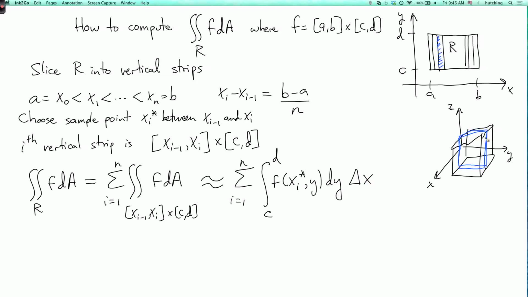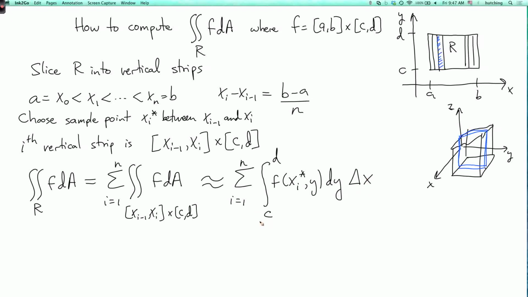Why? Because we want the volume of this thin slice of our region. So if we imagine that f doesn't depend on x, which is only an approximation, then we want the two-dimensional area of this slice times its thickness. So this single integral here is the two-dimensional area of the slice, and then we're multiplying by its thickness, which is delta x.